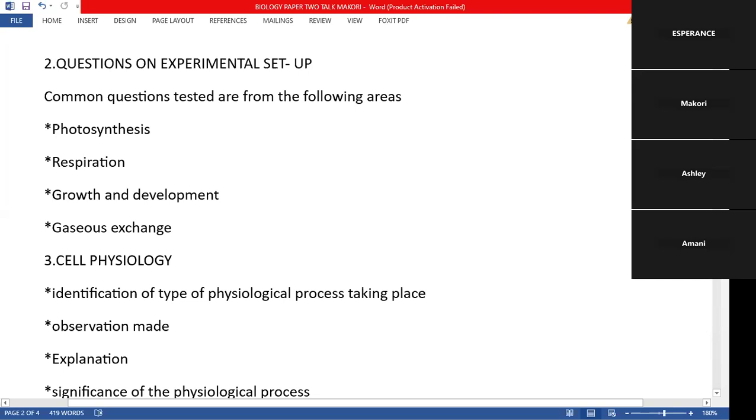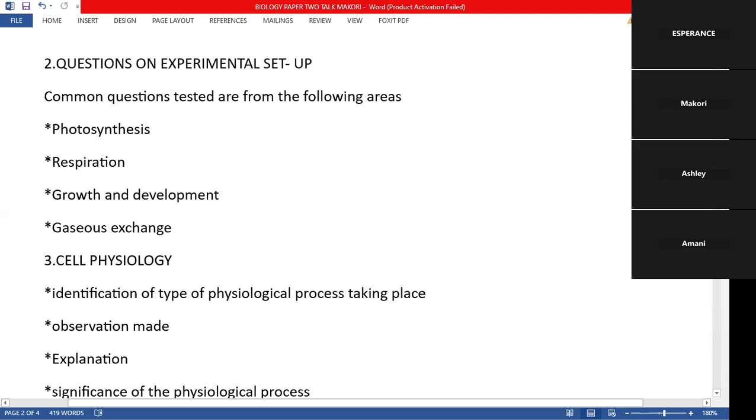So that aim should start with the words to investigate, to find out, to check, to test. But the factor that is under investigation should be listed within the aim of that experiment.